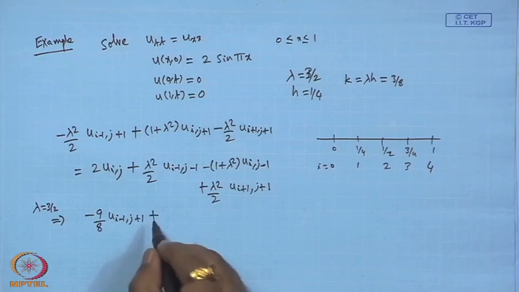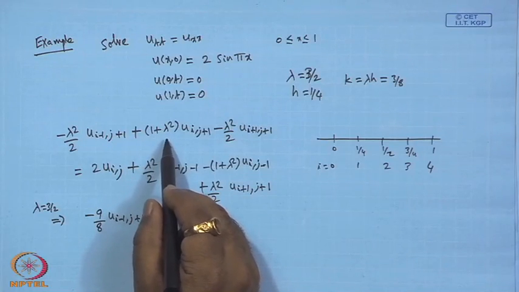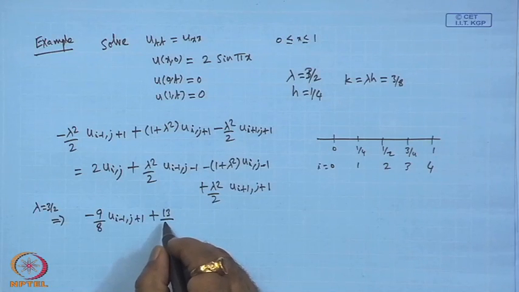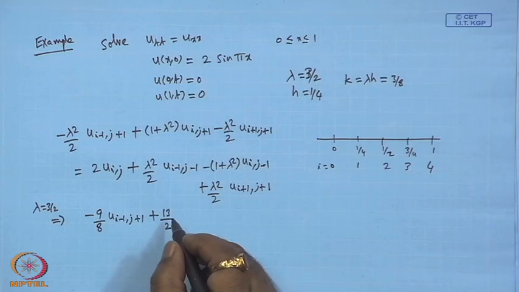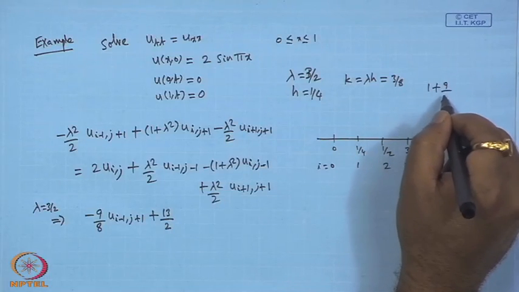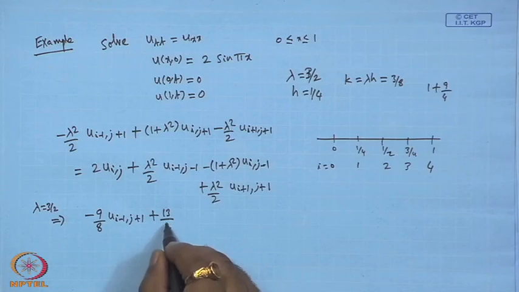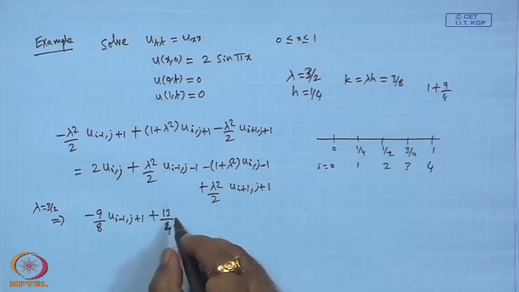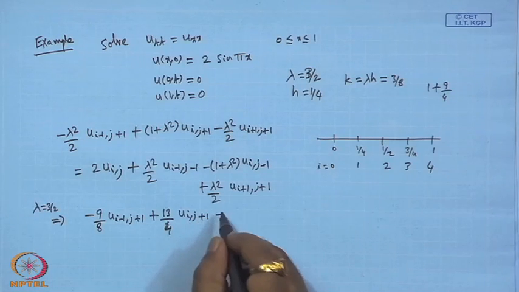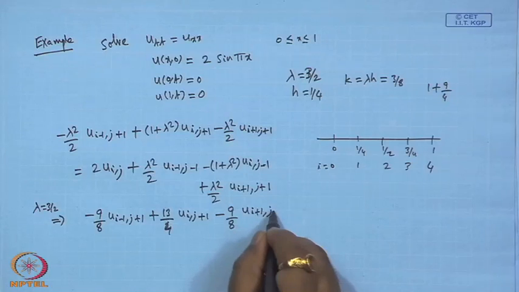Okay, and then 1 plus lambda square. So, 13 by 4, 13 by 4 u I j plus 1 minus 9 by 8 u I plus 1 j plus 1.